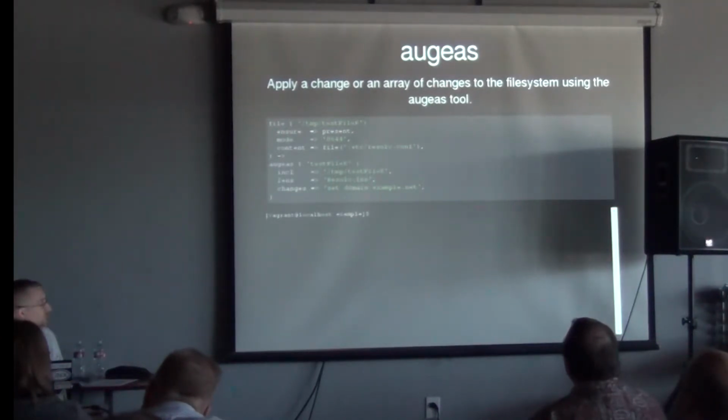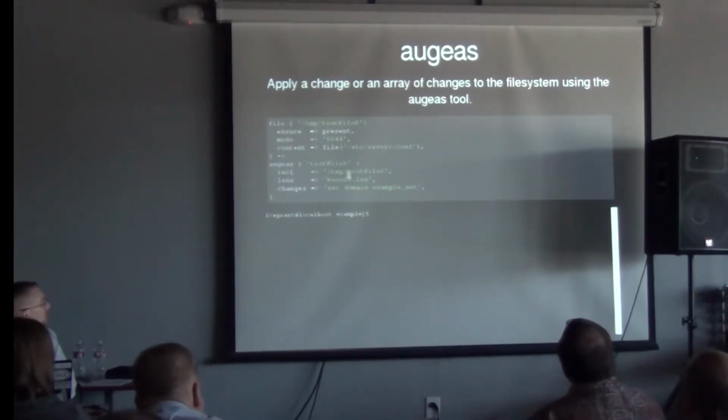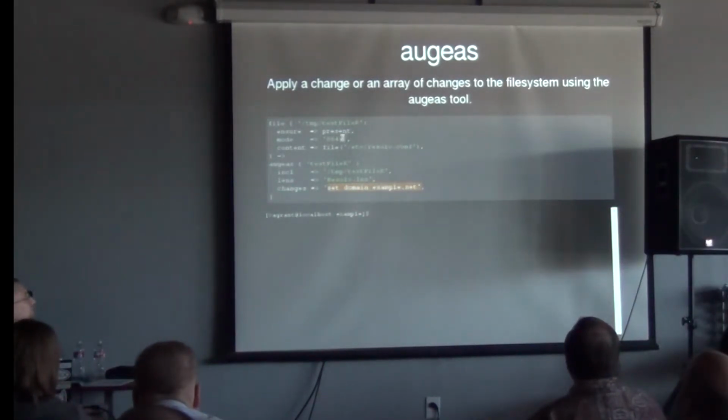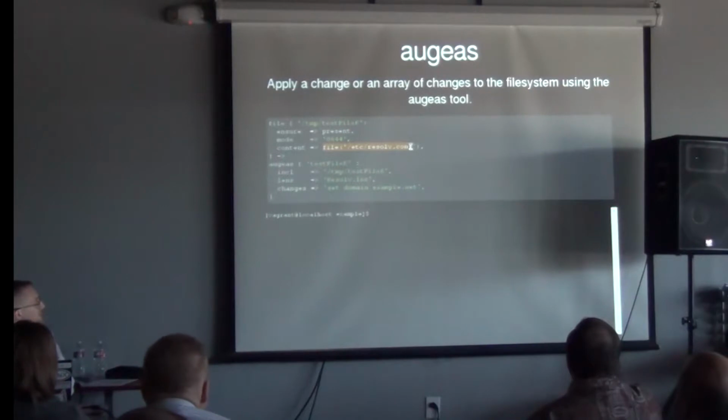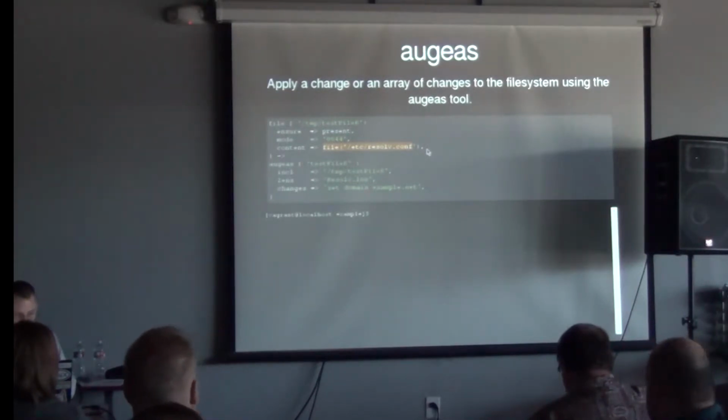So Augeas will let you take an understanding of, let's say, for this example, the resolve.conf file, and programmatically allow us to just set domain example.net. So let me start from the top on this one. We have a file resource here that we're defining. We're basically going to copy the etc resolve.conf file to our temporary file. Now this is just a setup for the demo.